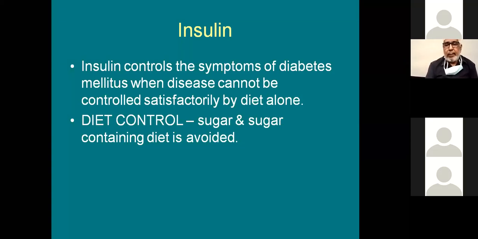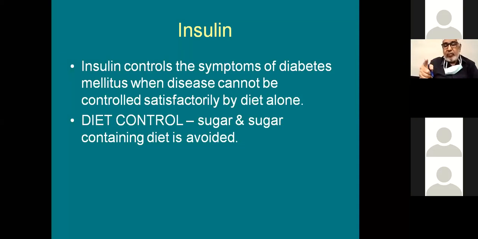Because initially, if the symptoms are not severe, it's likely you can control diabetes in the initial stages with diet and physical activity. However, insulin controls the symptoms of diabetes mellitus when the disease cannot be controlled satisfactorily by diet and physical activity alone.